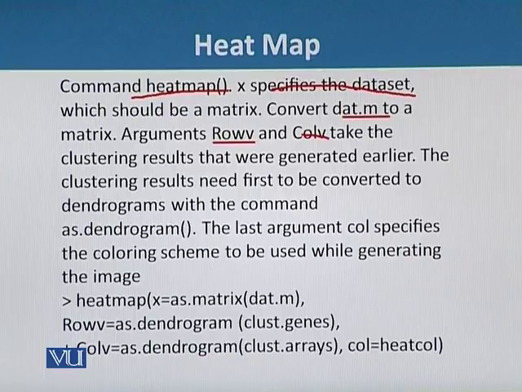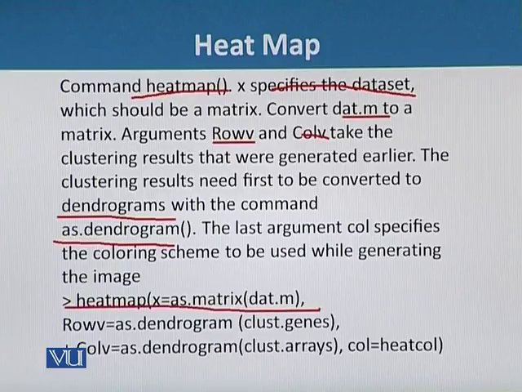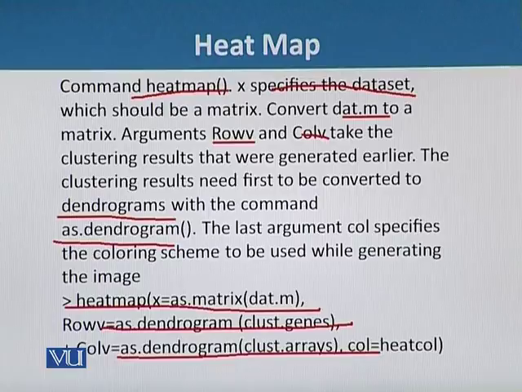The clustering results first need to be converted to dendrograms with the command as.dendrogram. The last argument, col, specifies the coloring scheme to be used while generating the image. By using these commands, we can get the heat map that we will see in the next slide.